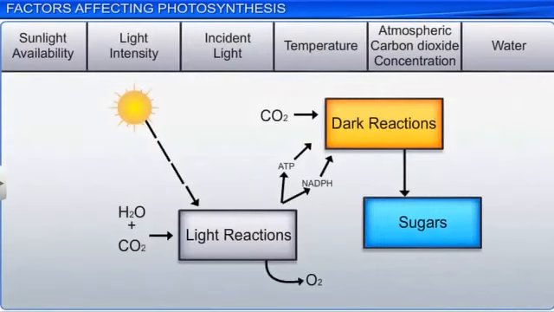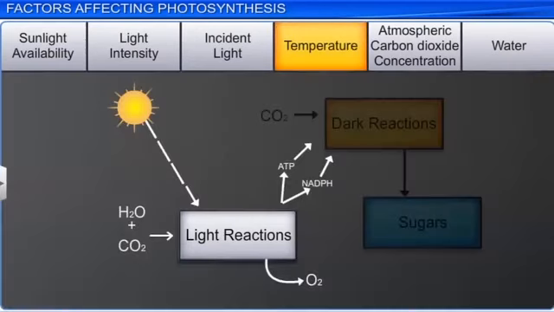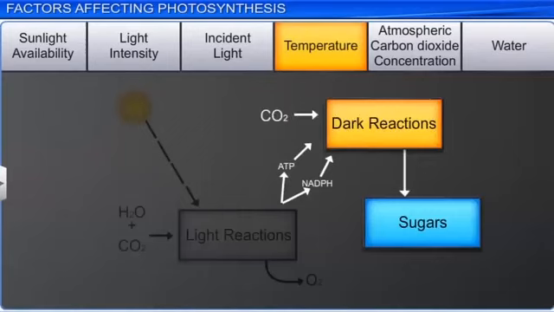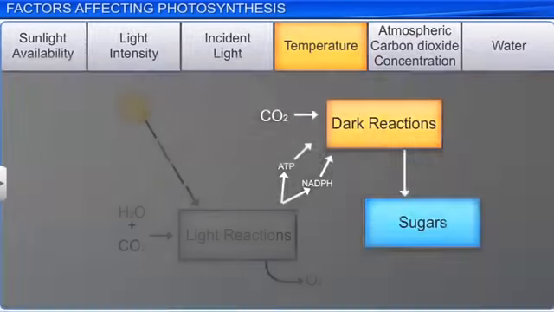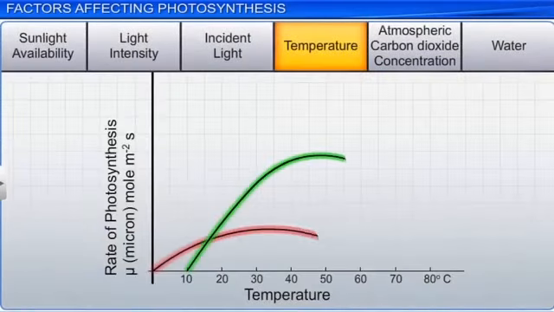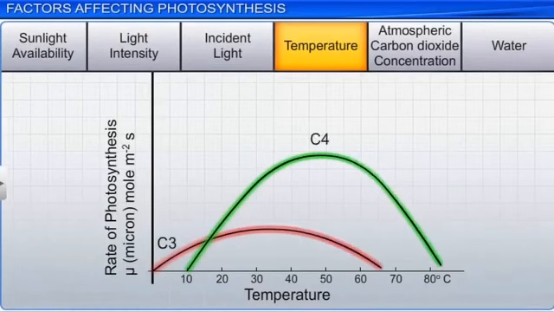Apart from light and CO2 concentration, the rate of photosynthesis is also affected by temperature. In fact, temperature has a major influence on light and dark reactions. Temperature also affects C3 and C4 plants.